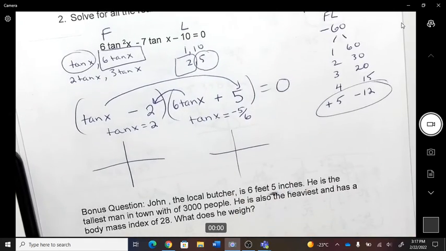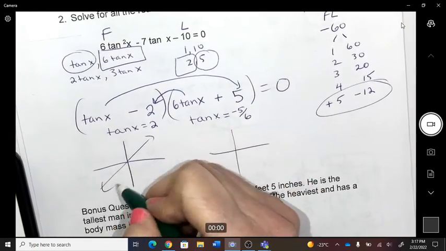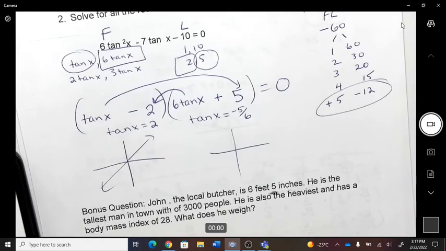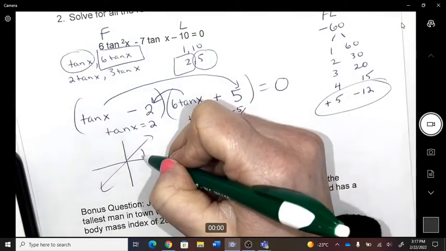All right, we're going to have 4 different answers on this question. It's going to be a long one here. 4 different answers. Okay, so I'm in those 2 quadrants.